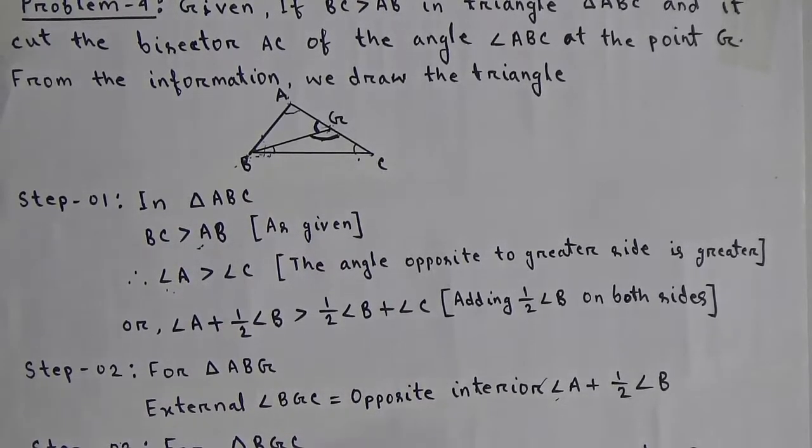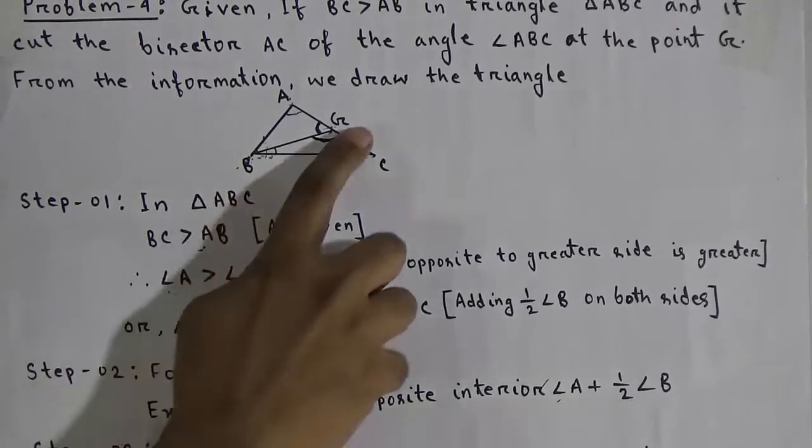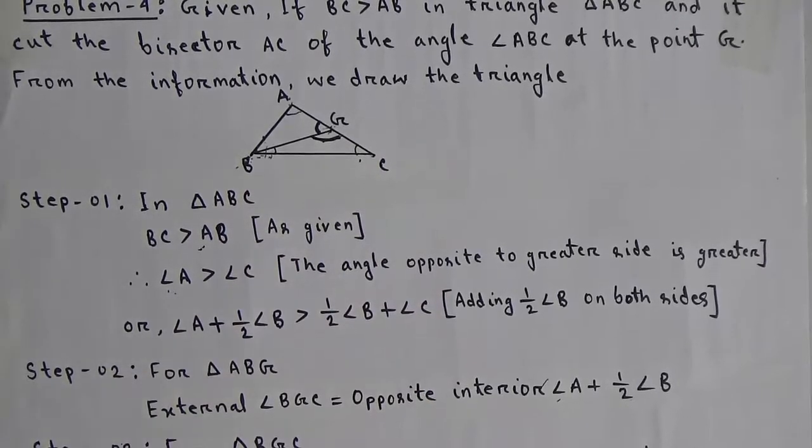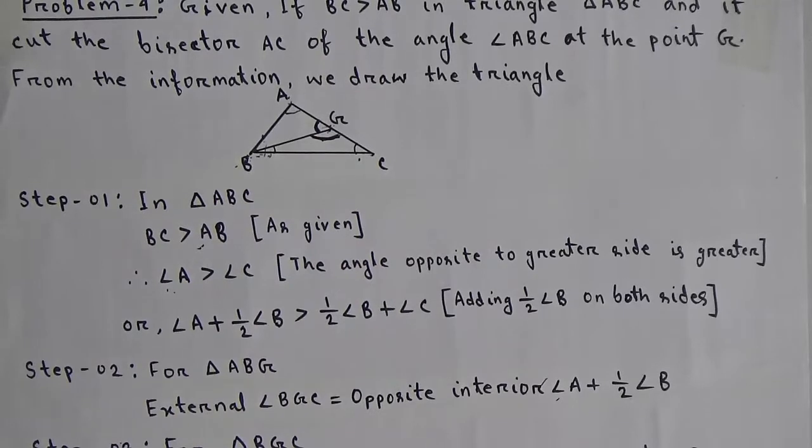But since BGC is greater than BZA, BGC will be greater than 90 degrees and BZA will be smaller than 90 degrees. That means BZA will be an acute angle and BGC will be an obtuse angle.